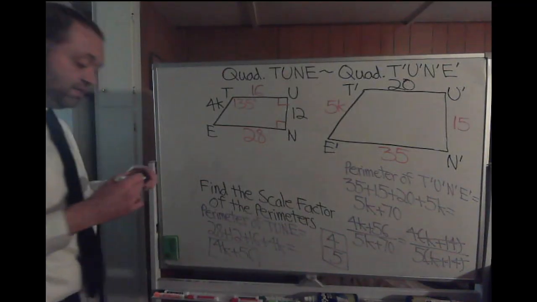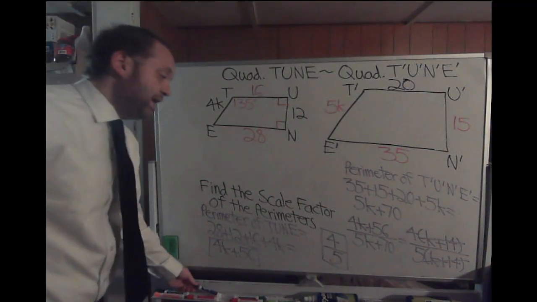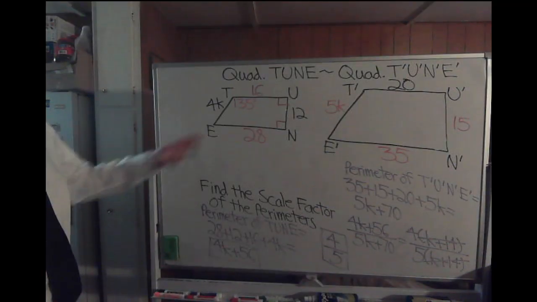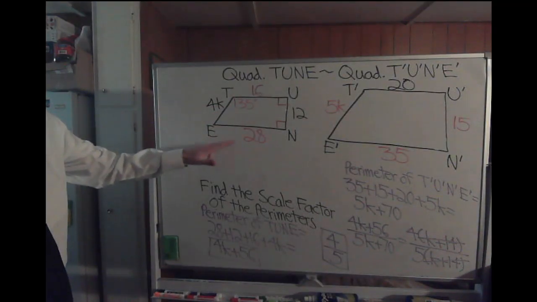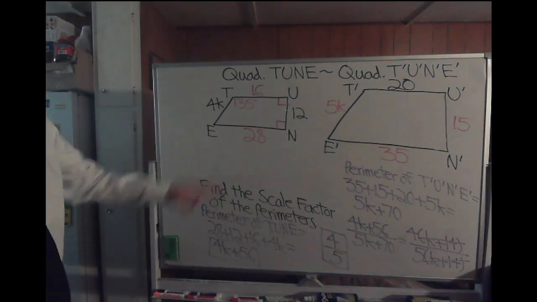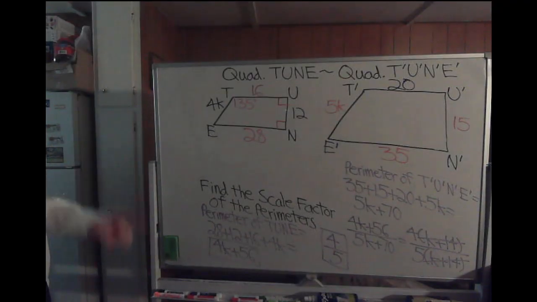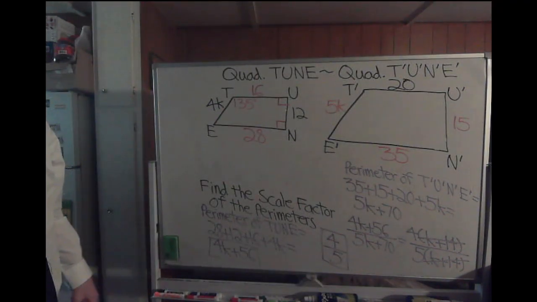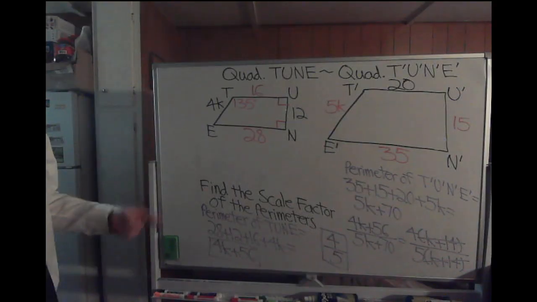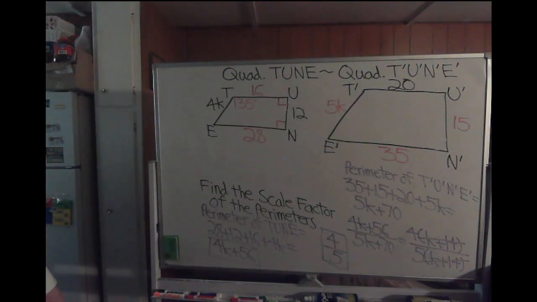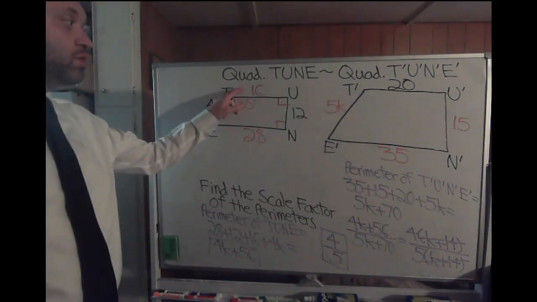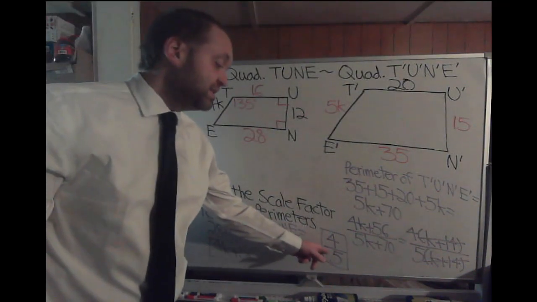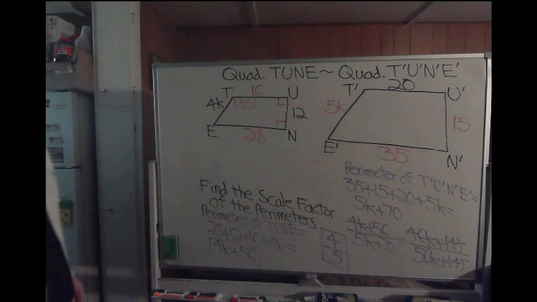In fact, this is a very important thing to teach you now. Whenever you're dealing with any polygon and you need to find the scale factor of perimeters, it's the exact same as the scale factor of two corresponding sides between the two polygons. So if you know the scale factor of corresponding sides between the two polygons, that will also be the scale factor of your perimeters.